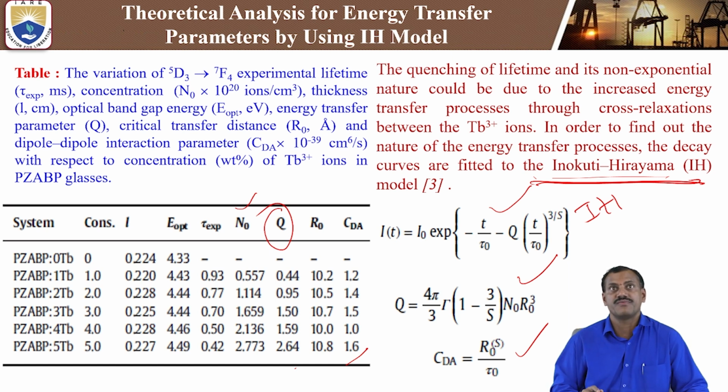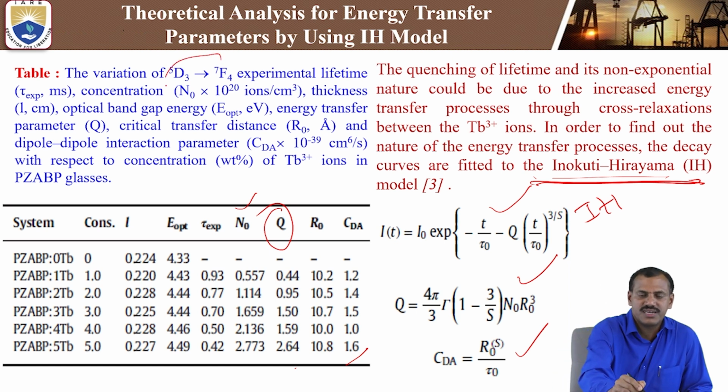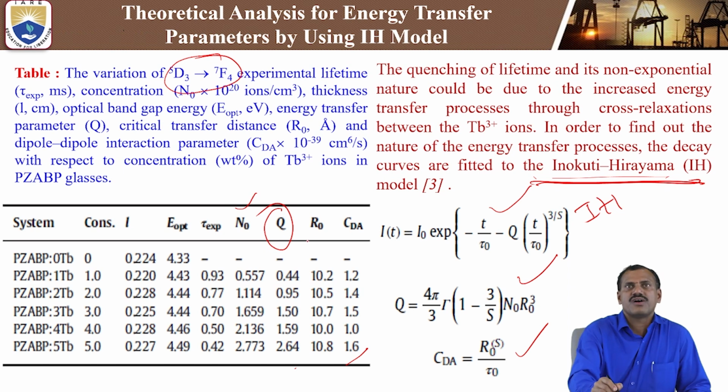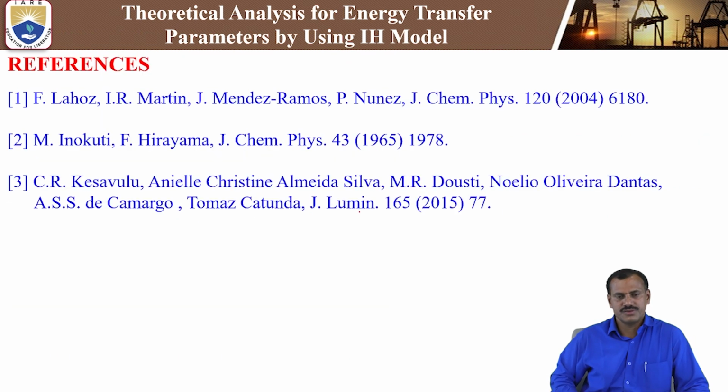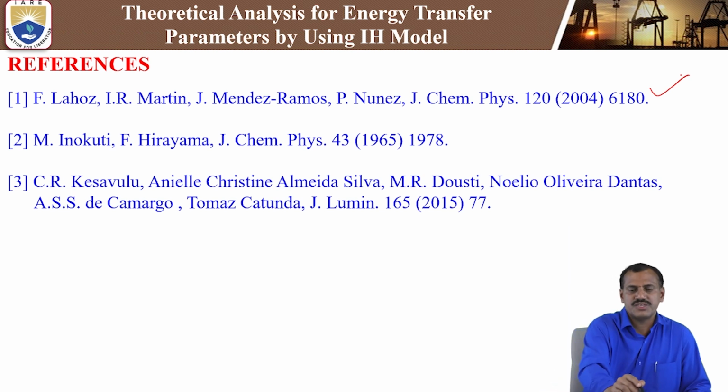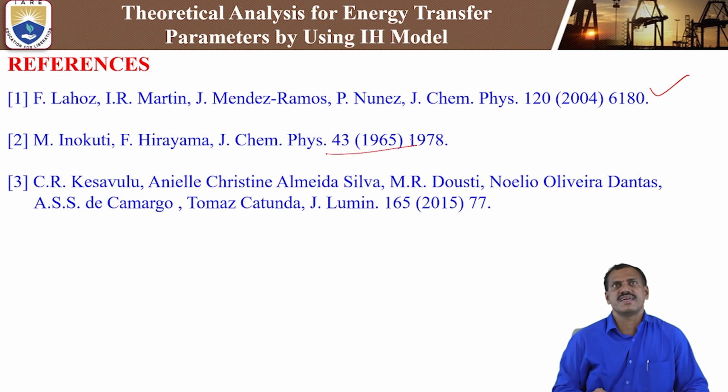But in the 5D4 level, we observe non-exponential nature, and at the same time we get the energy transfer parameters: the Q value, R naught and CDA values. These are the references used in the present study for the theoretical analysis of the energy transfer parameter using the IH model. Using the experimental lifetime, tau experimental, we calculate with the Inokuti-Hirayama reference.